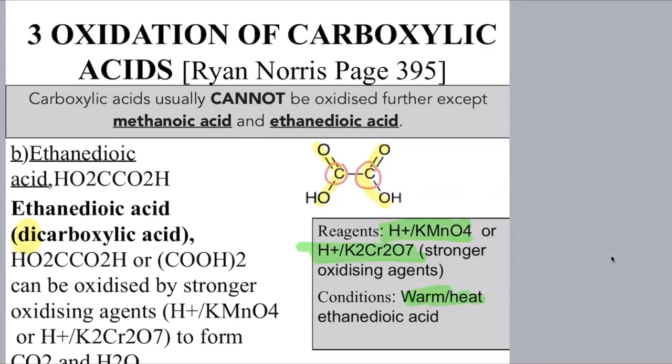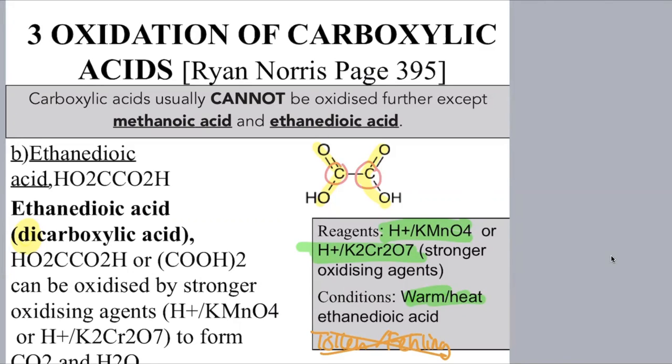Okay, this doesn't work with Tollens and Fehling's reagent because Tollens and Fehling's are much milder oxidizing reagents, and ethanedioic acid is not as strong a reducing agent as methanoic acid.